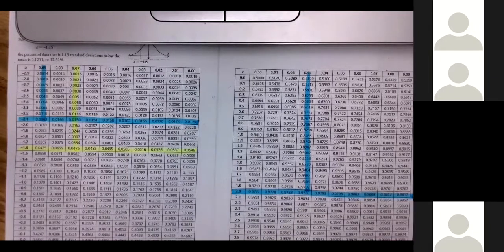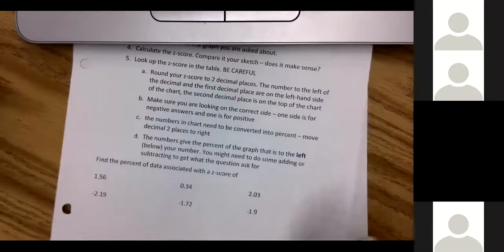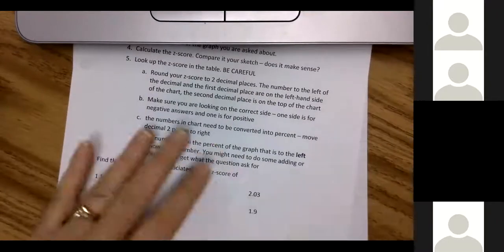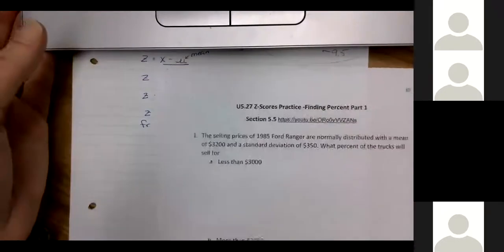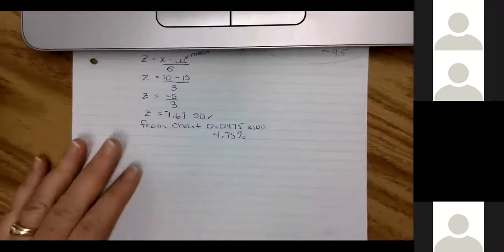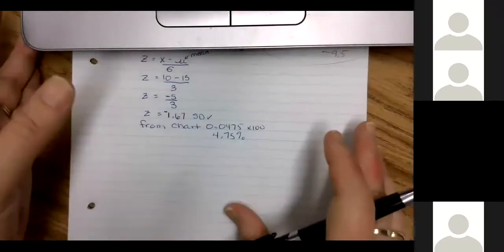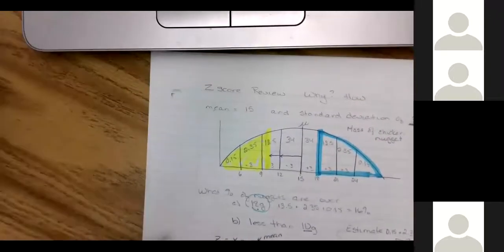Before we go further, I just want to see what I have to do on this practice thing. Okay, let's look. Nope, I'm going to leave the practice for you to do. But I want to show you something else. So back to a chunk of loose leaf.